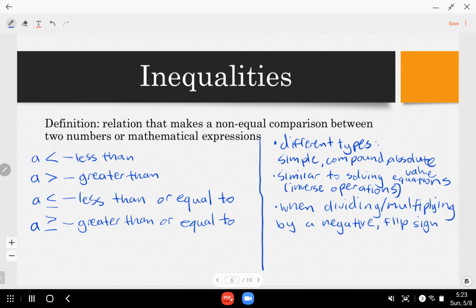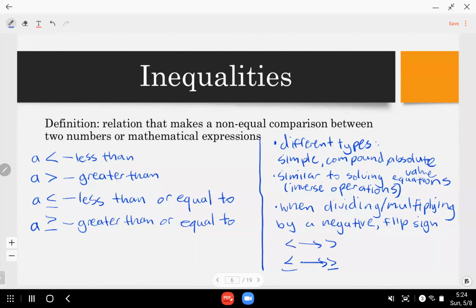All right, so some examples: less than turns into greater than, and less than or equal to turns into greater than or equal to. So they're opposites, right? All right, so those are some key points of solving inequalities.